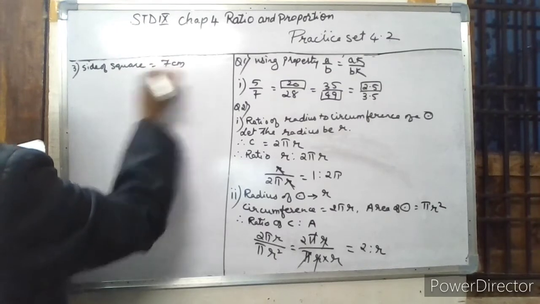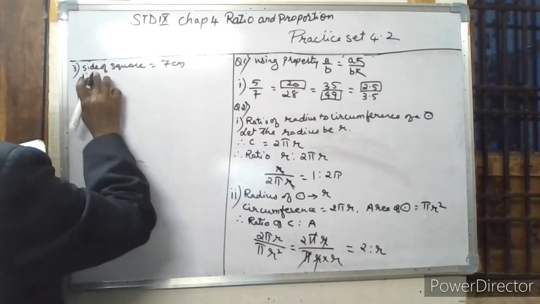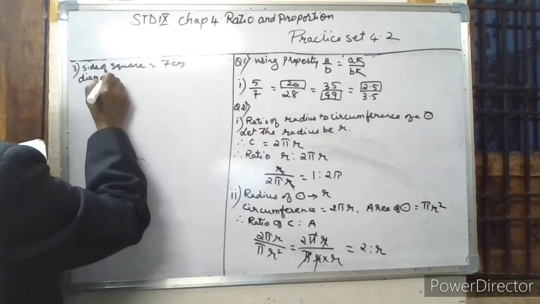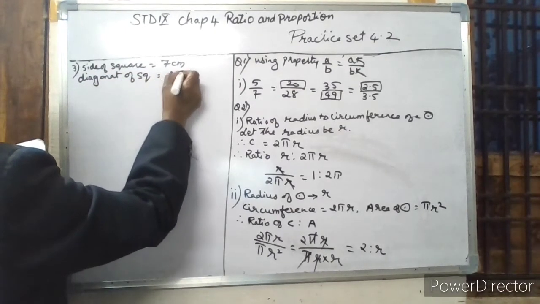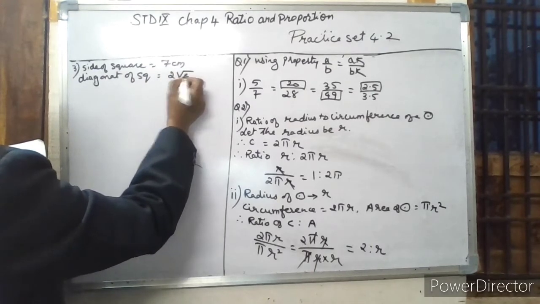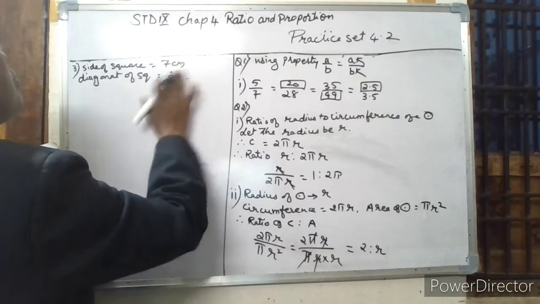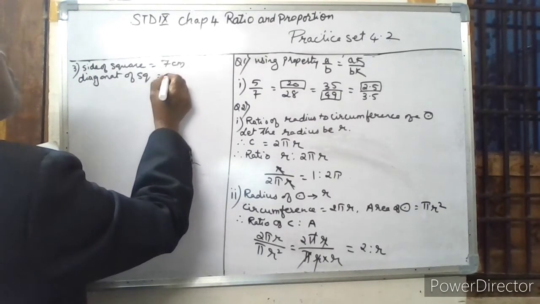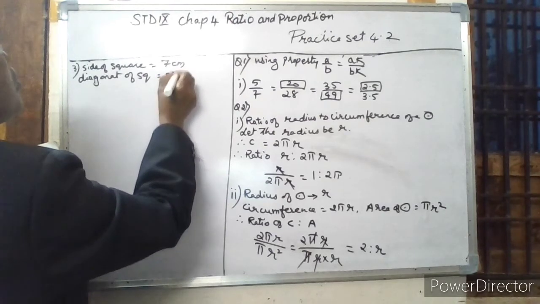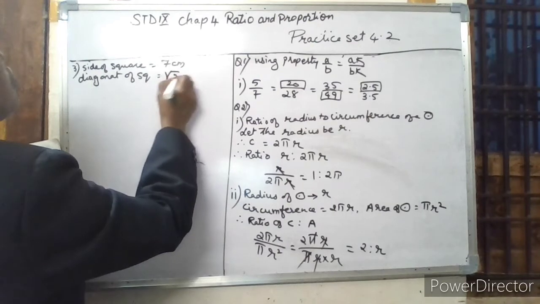So, diagonal of a square is equal to root 2 into side.